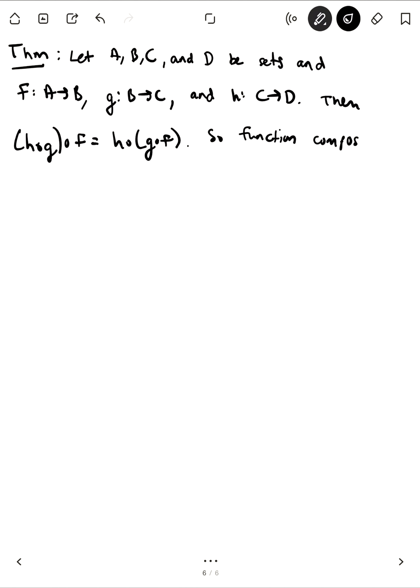So let A, B, C, and D be sets, and let f be a function from A to B, g a function from B to C, and h a function from C to D. Then h composed with g, composed with f, is going to be equal to h composed with g composed with f. So function composition is associative.